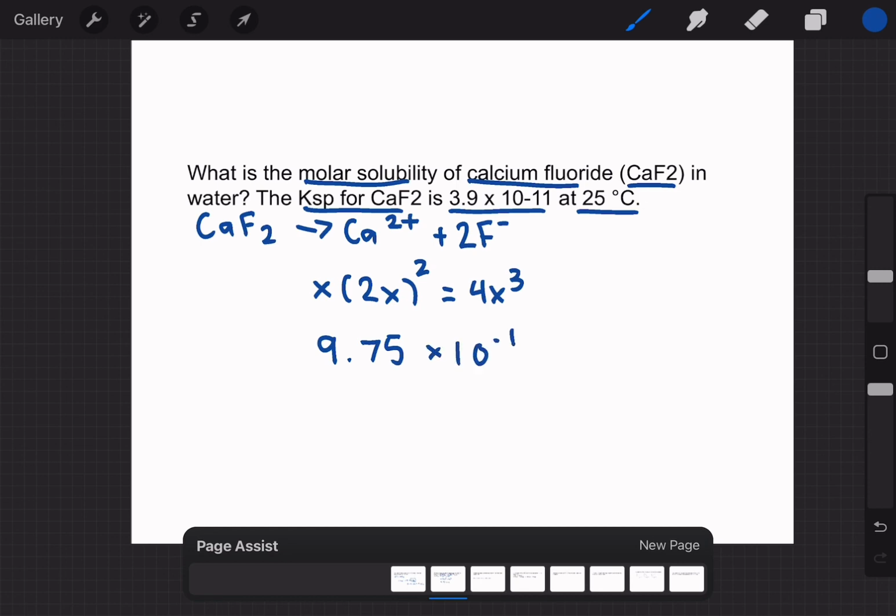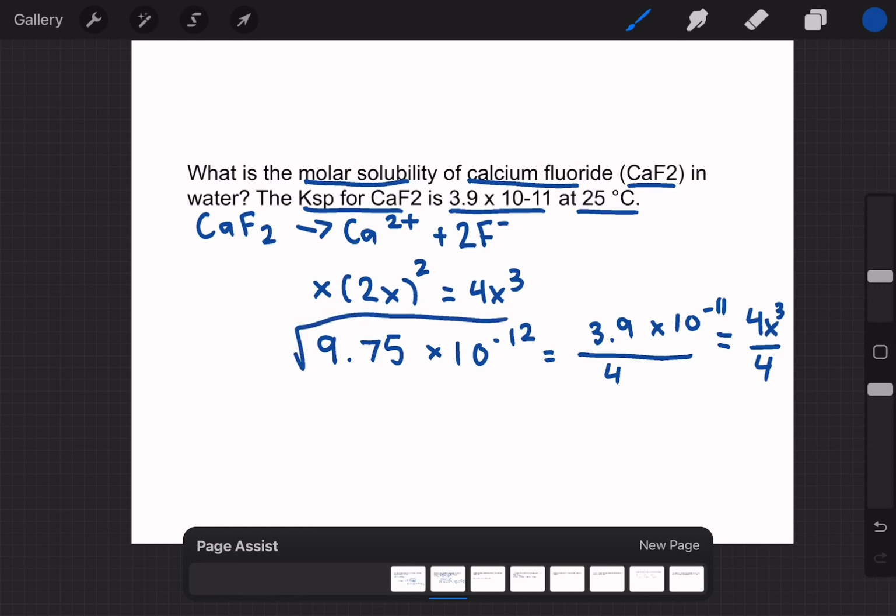You're then going to set this equal to 3.9 times 10 to the power of negative 11, and I'm pretty sure that's over 4x to the power of 3. So essentially, you add the 4 at the bottom so they both cancel each other out whenever that happens.